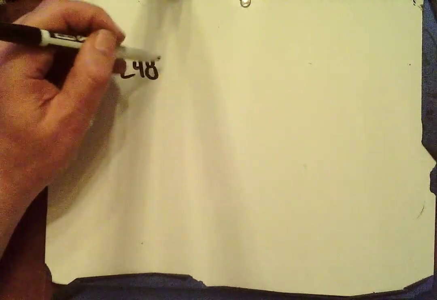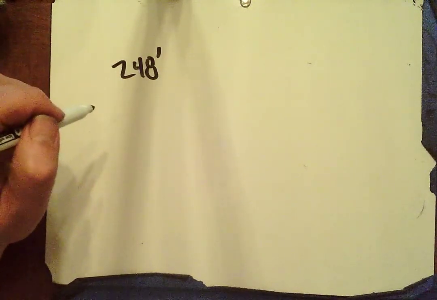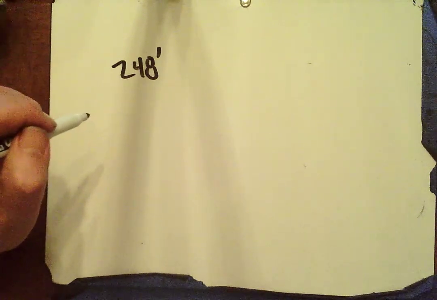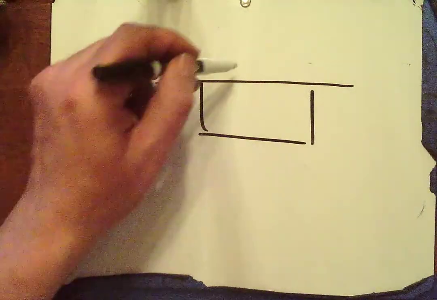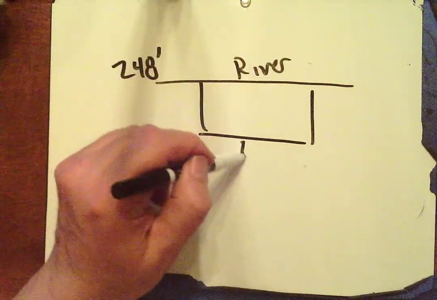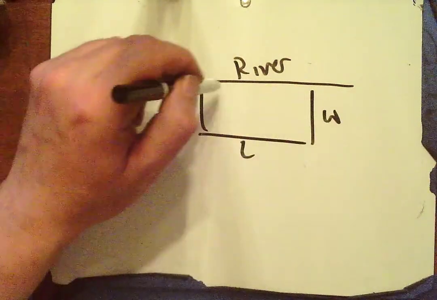All right, 9. A farmer has 248 feet of fencing. They want to enclose a little garden along a river, length, width.